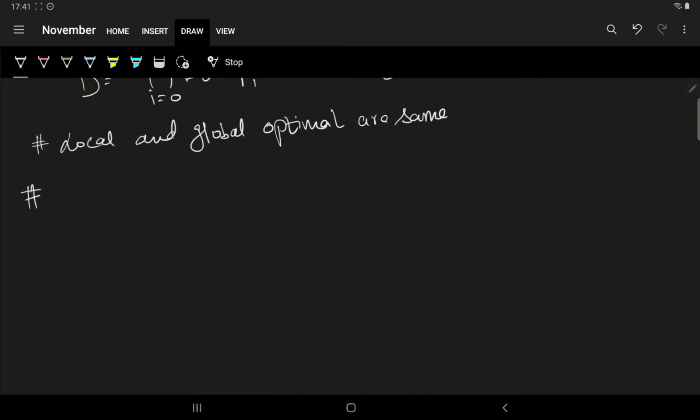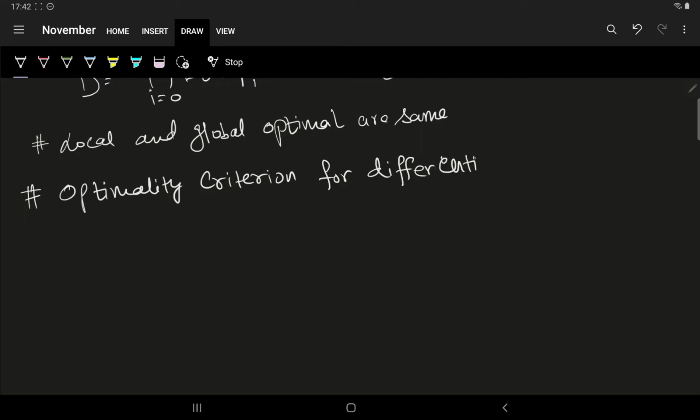Then we talked about the optimality criterion for differentiable f naught.